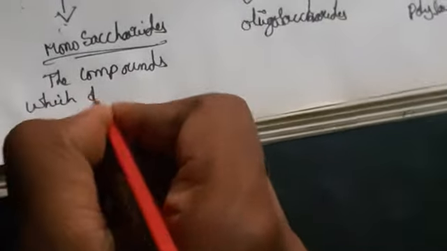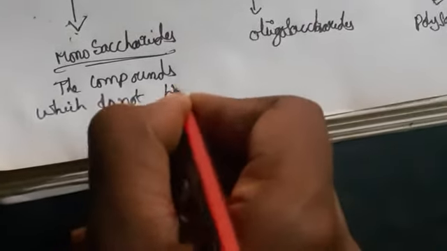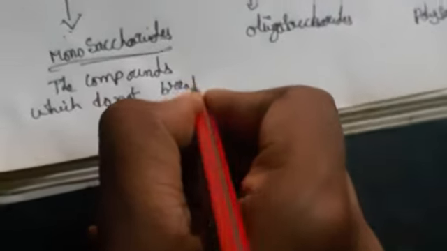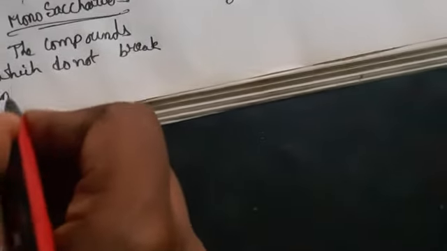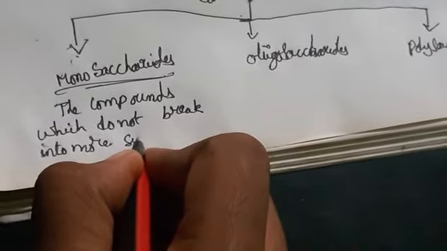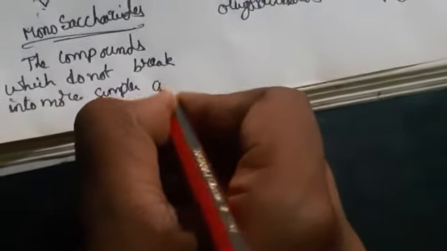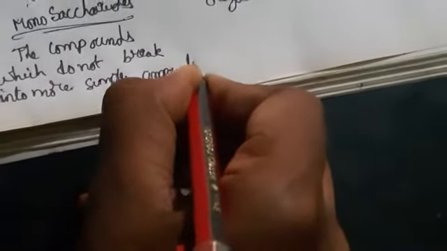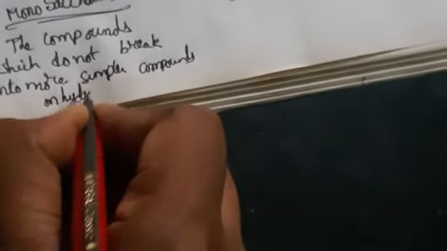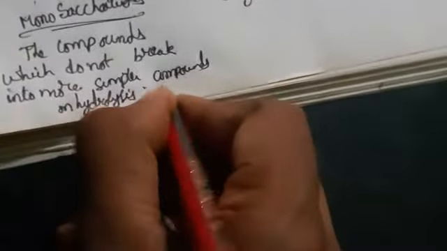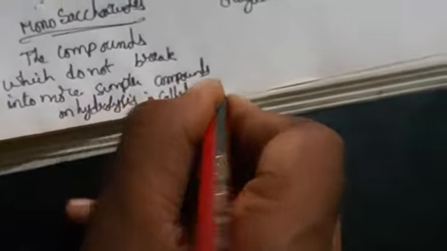The compounds which do not break into simpler compounds on hydrolysis are called monosaccharides.